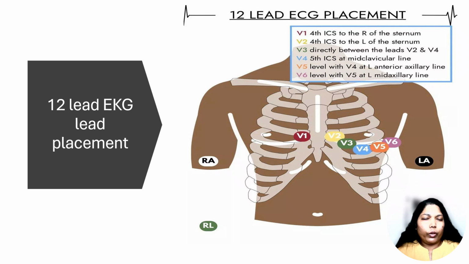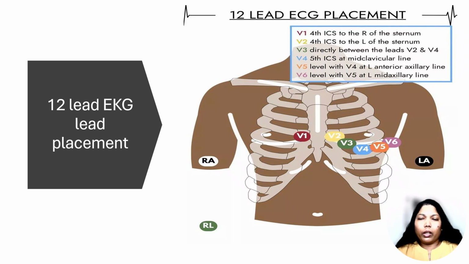So move on to the EKG lead placement. Here you can see limb leads go to right arm, right leg, left leg, and then the precordial leads V1 to V6. V1 is the only one that goes into the right side of the chest.